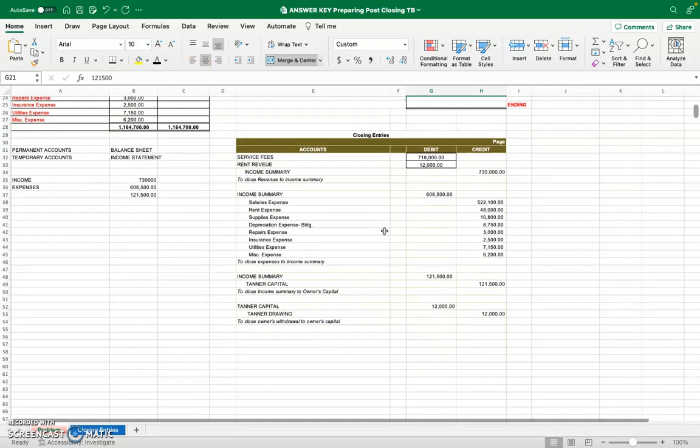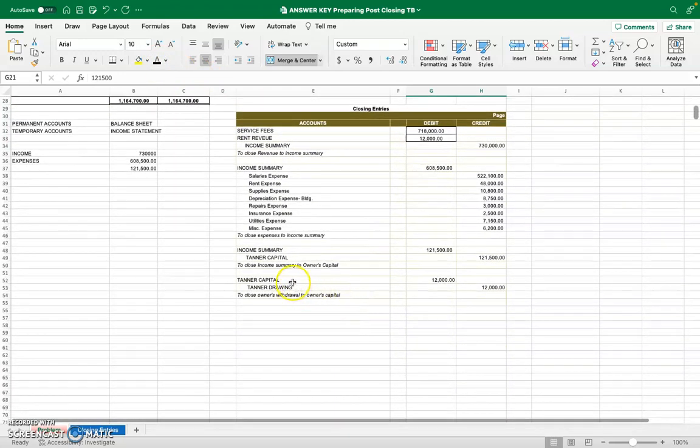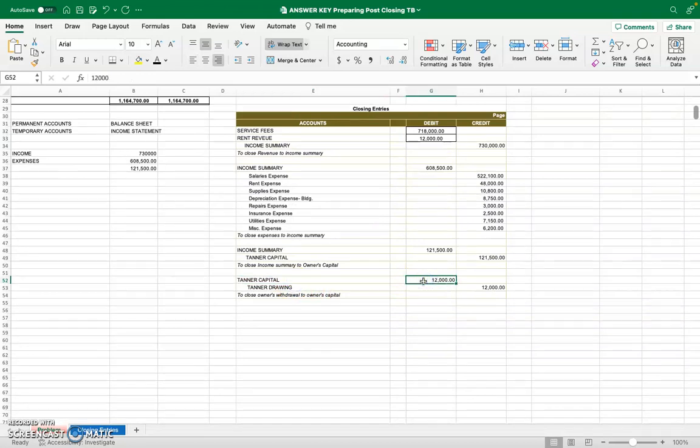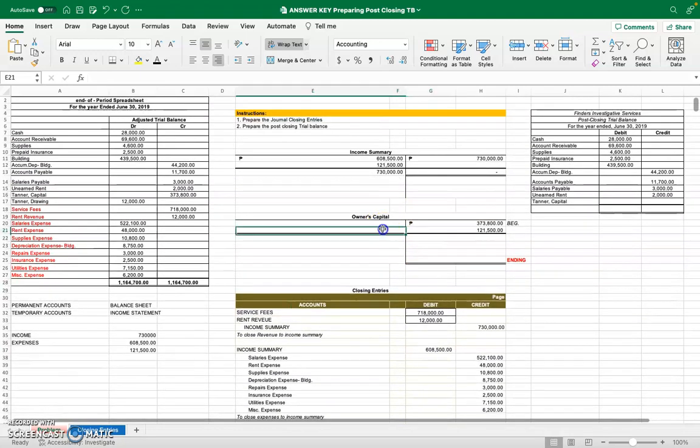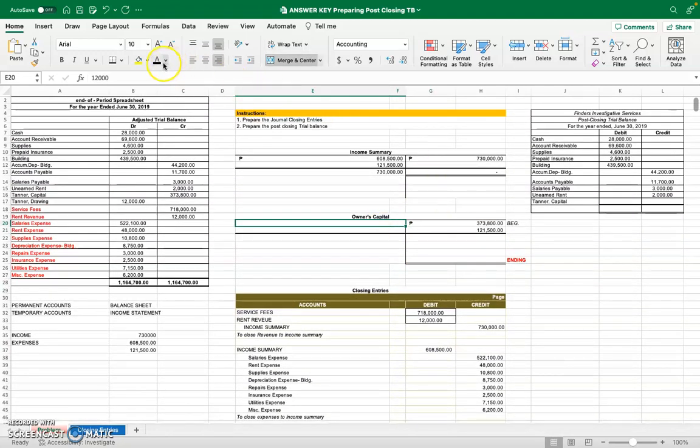Now, if you also notice, we have here Tanner drawings of 12,000 on the debit side. So we will transfer that 12,000 on the debit side of the T account. Okay? So now, we will compute for the final balance or the ending balance. The ending balance will be transferred to the post-closing trial balance.